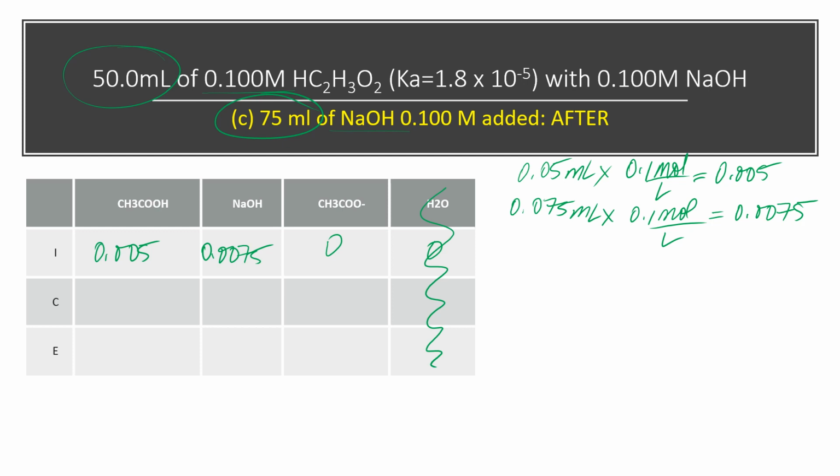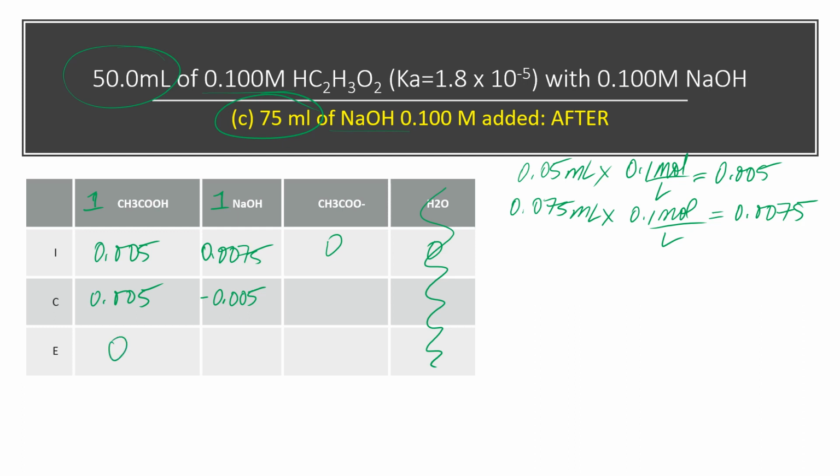Now, notice here, these things react in a 1-to-1 ratio, right? It takes 1 mole of NaOH to react with 1 mole of CH3COOH. That means we have more NaOH than we need, and the only amount of NaOH that's going to be used up is the amount of CH3COOH it has to react with. So we're going to take away 0.005 on both sides here.